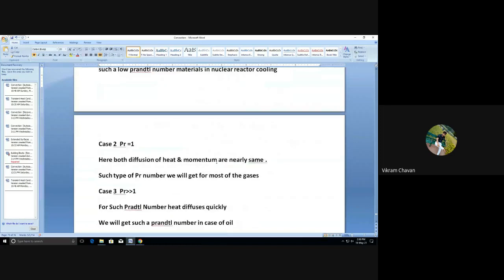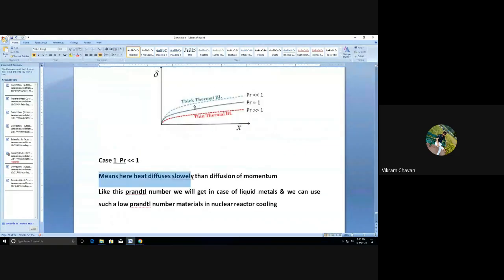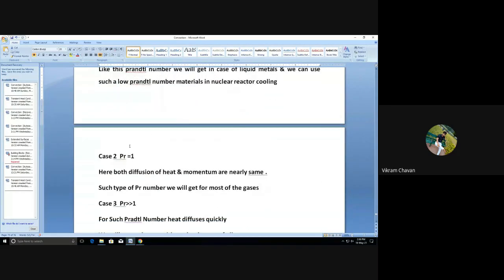Then the second case is Prandtl number equal to 1. What does it mean? Both diffusion of heat and momentum are nearly the same. Most gases have a Prandtl number nearly equal to 1.